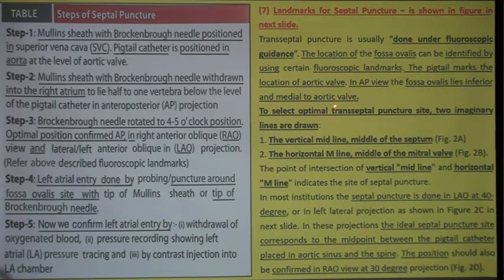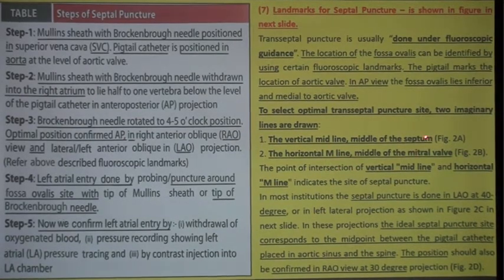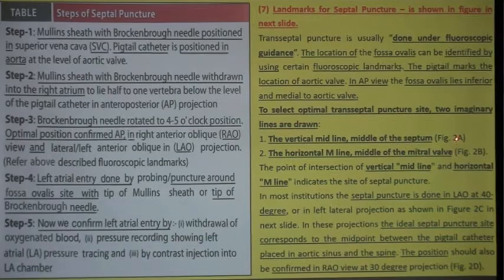To select the optimal transseptal puncture site, 2 imaginary lines are drawn. Number 1, the vertical midline, the middle of the septum seen fluoroscopically. Then the horizontal M line, the middle of the mitral valve seen fluoroscopically.